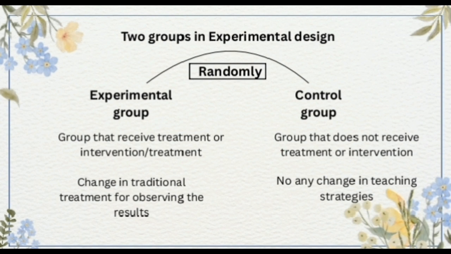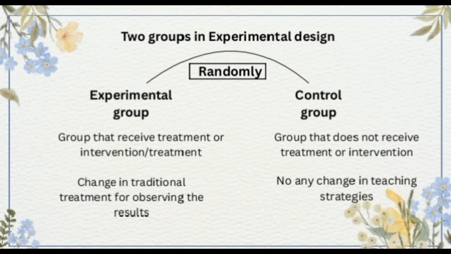The name shows it: experimental means there is something on which we want to experiment. So the experimental group is a group that receives the treatment or intervention in our research. It is the group on which we try our interventions to check their results, with a change from the traditional treatment, to observe the results.